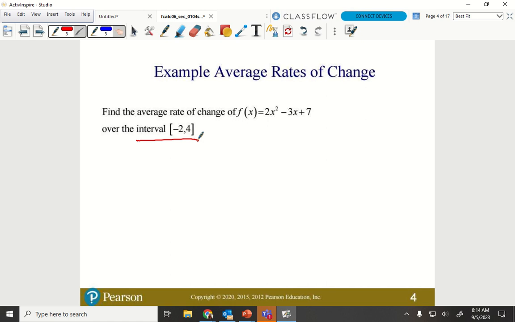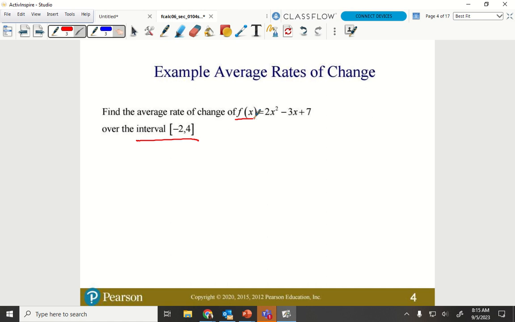Over the interval. Now, this should be key. If you notice, it has brackets there, right? And brackets means that it is including that number. Closed circles. So I'm going to call this my f of x. And I'm going to establish the way that we're going to do this.